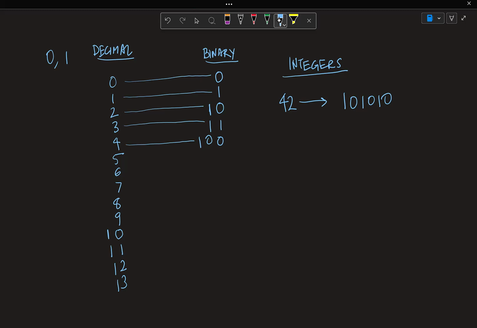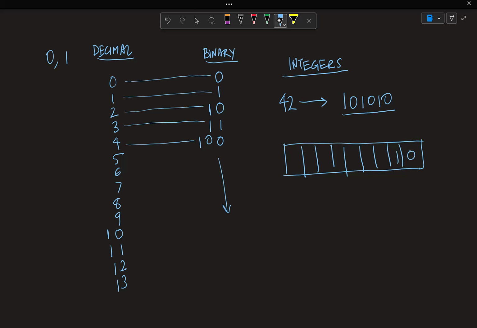And if you keep counting in this table the way I was doing just now, you would eventually get to 42 and it'll turn out to be 101010. And so in memory, we will just store these bits, and we're off to the races.